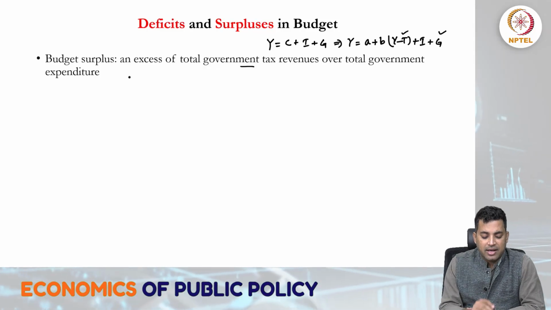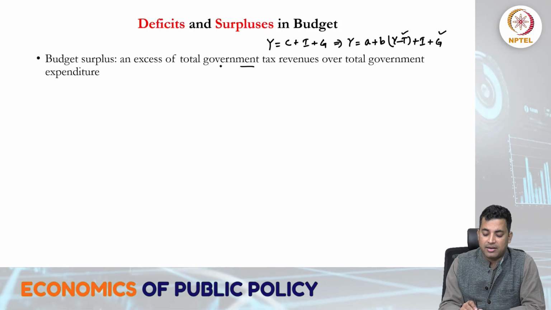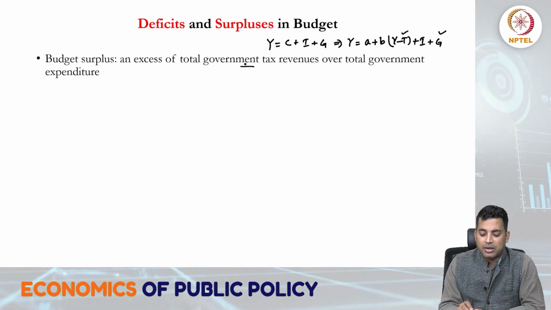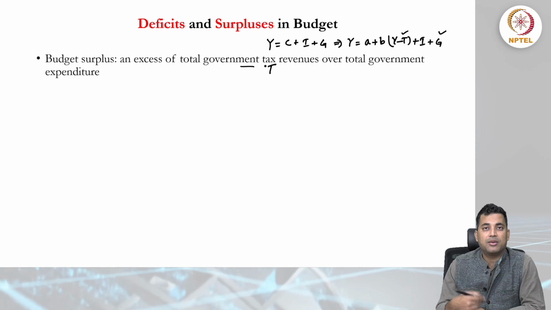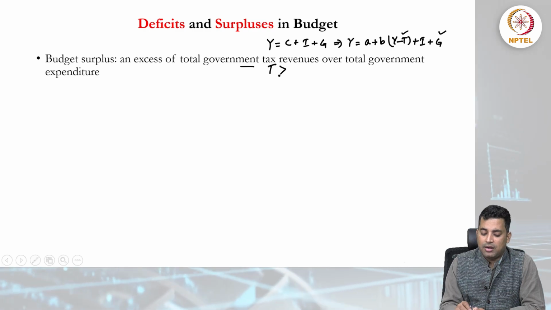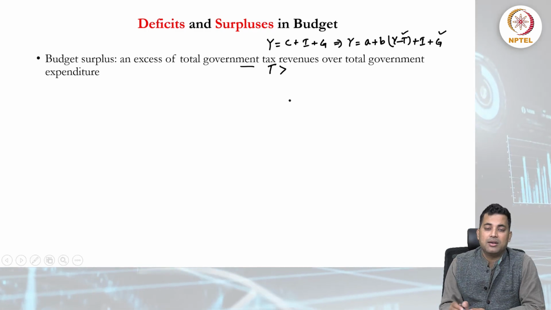So when we say budget surplus, the total government tax revenue T will be in excess of, more than, total government expenditure G, right?